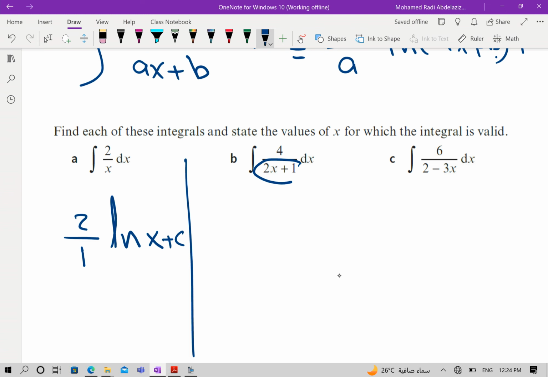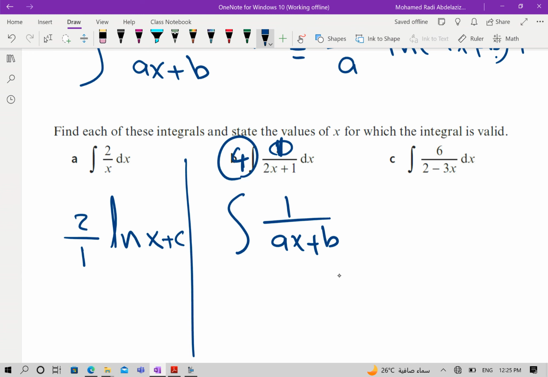This is a linear expression. If there is a constant up, keep it, 4, because you said integrate a function written in the form of ax plus b. What about in case we have a value? You can take this value outside of the integration and apply the integration rule, 1 over a ln 2x plus 1.